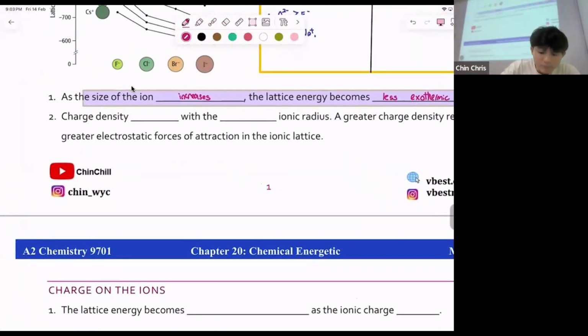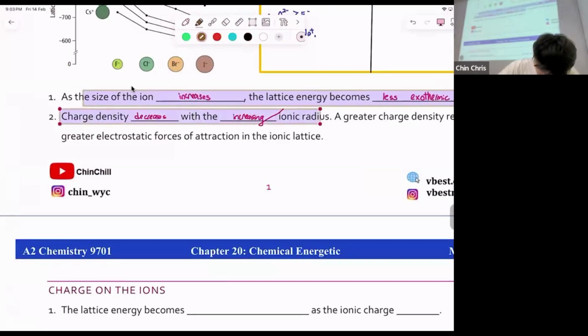So guys, again, I can say that the charge density decreases with the increasing ionic radius. Okay, why does charge density decrease?